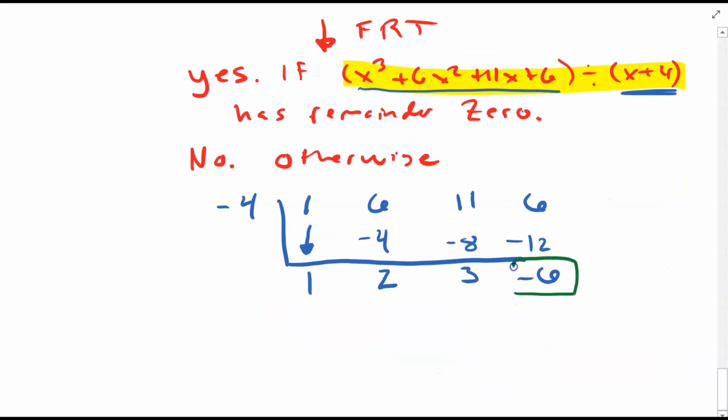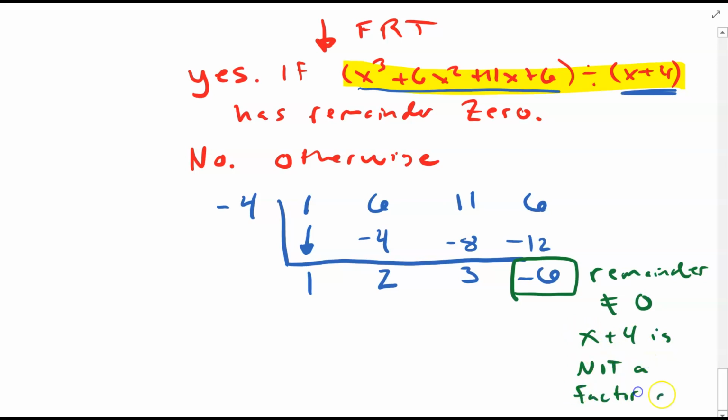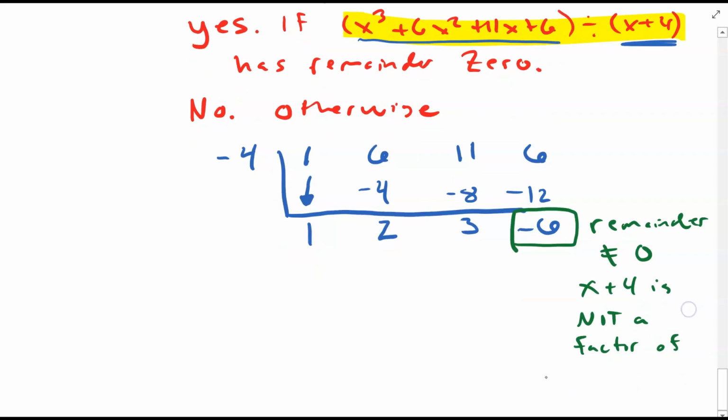And then we remember here, this number is the remainder. And since that's not equal to 0, I know x plus 4 is not a factor of x cubed plus 6x squared plus 11x plus 6.